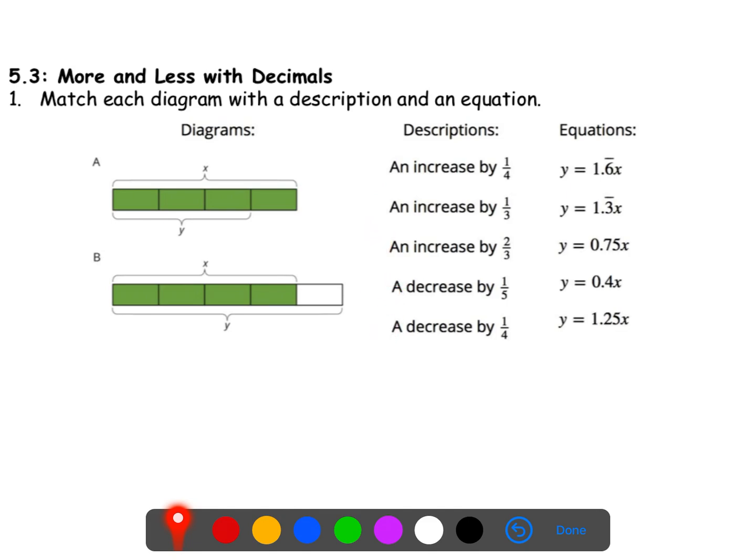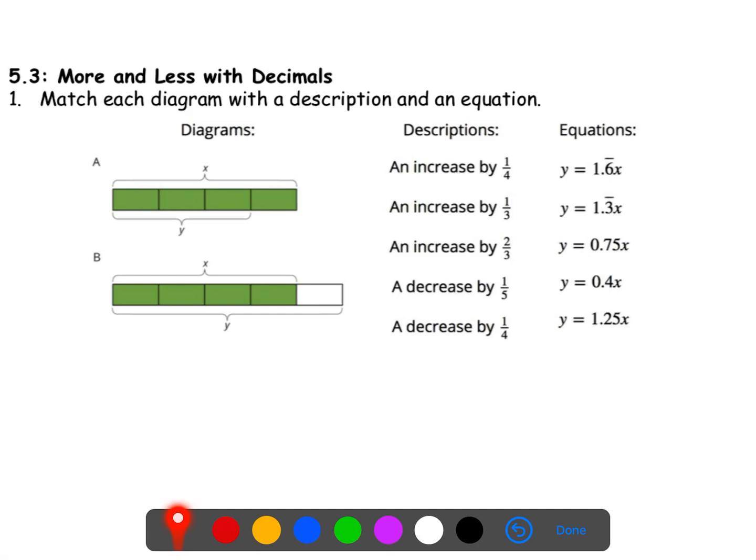And there's actually going to be 2 descriptions that fit diagram A, depending on how we look at it. So typically, if we looked at what we did yesterday, we would see our x value is all of this diagram, all of this bar here. Our y value is less than that, so we're going to decrease the x amount.